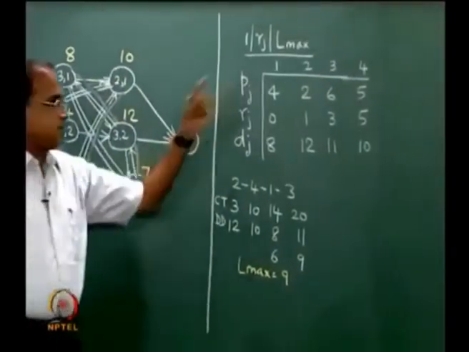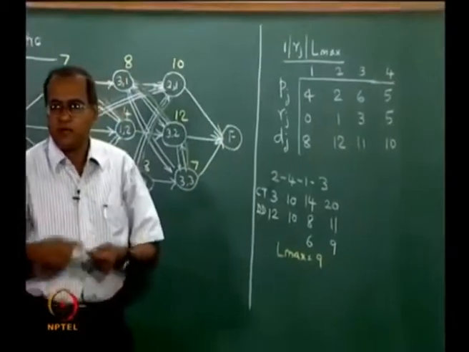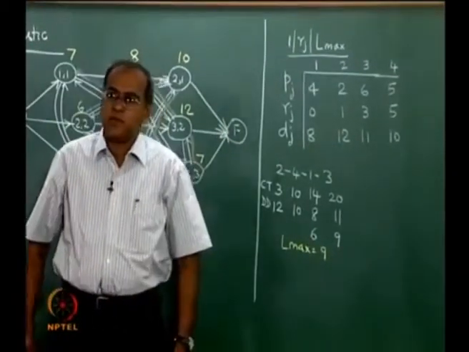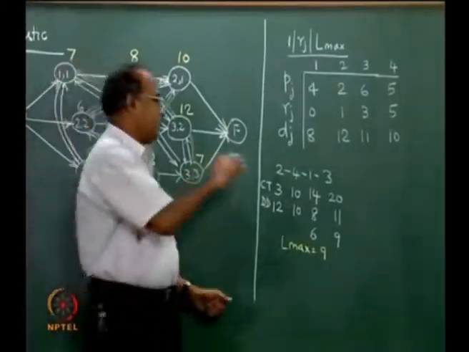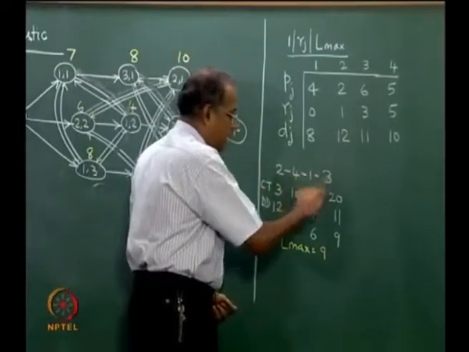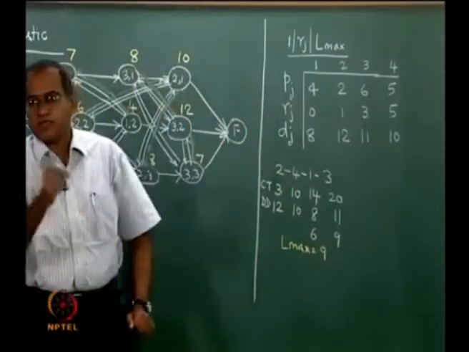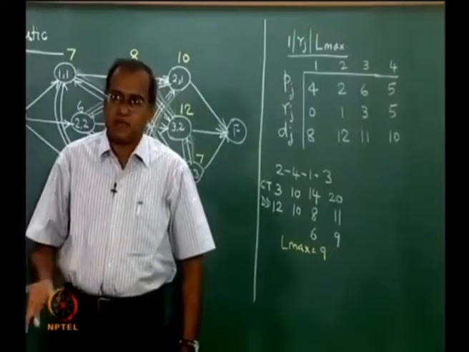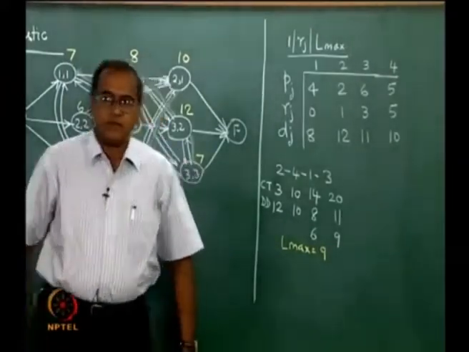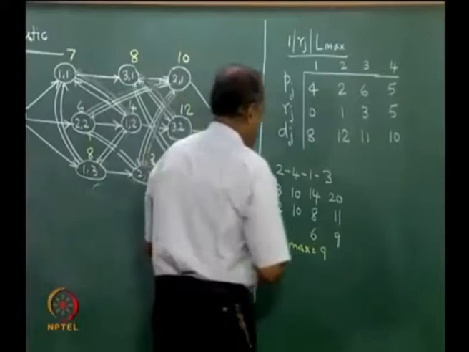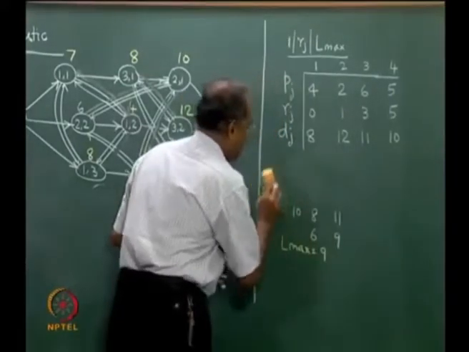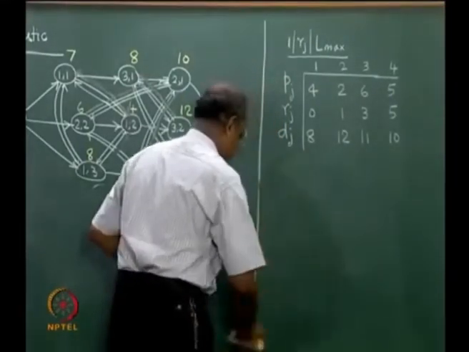There are 4 jobs. In the worst case, you can have 4 factorial sequences. So, Lmax associated with the sequence 2, 4, 1, 3 is 9. What is the sequence that minimizes Lmax is the problem. So, now let us look at this problem and then go back and see what we do.